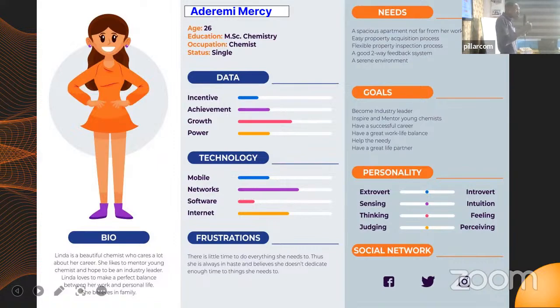With the way she fills the survey, we are able to determine that this kind of person might be interested in this kind of property. So this person is interested in investment.